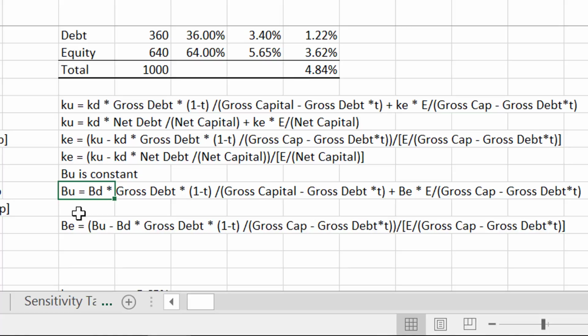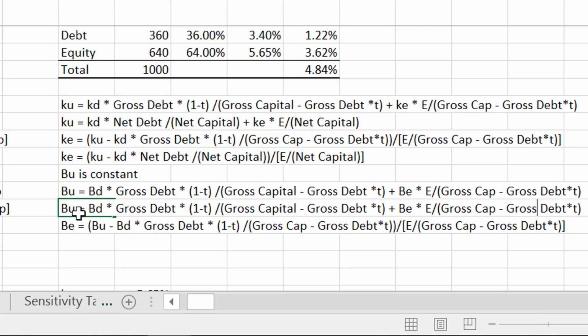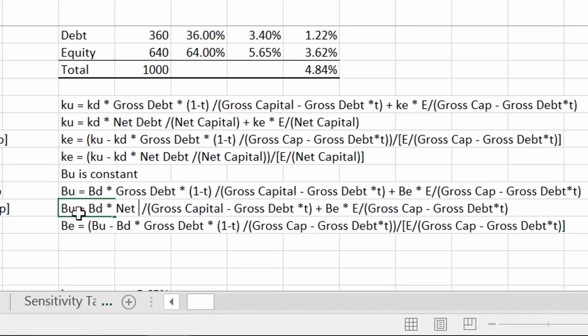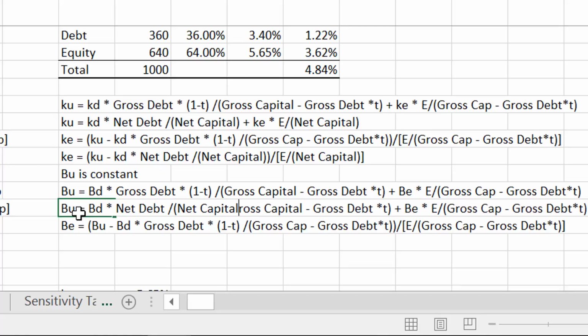You can do the same thing with beta on the unlevered debt. You can call this the net debt here, and you can take that and divide it by the net capital, okay? And do exactly the same kind of thing.